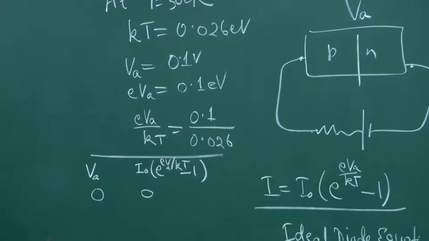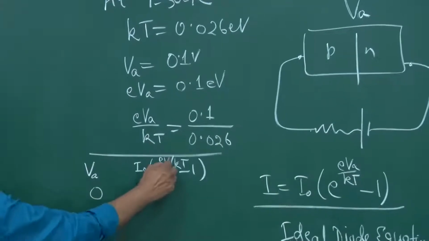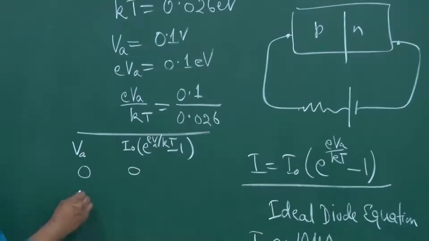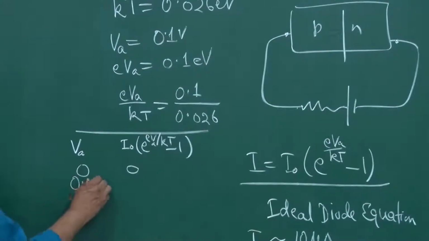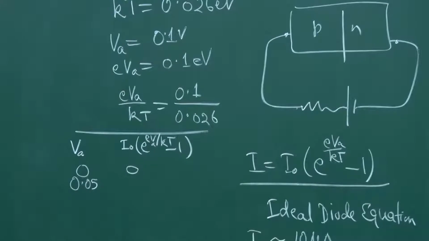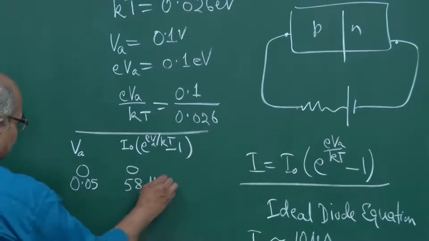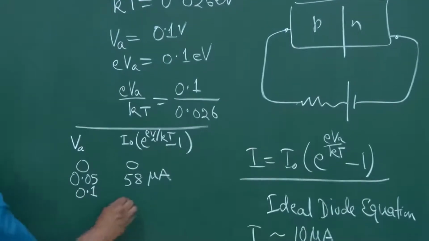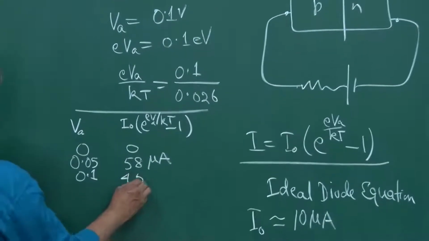At VA equal to 0, you have e to the power 0 equal to 1, 1 minus 1 is 0. Then if you take 0.05 volt, if you apply this much, then it becomes 58 microamperes. If you take 0.1, then it becomes 458.